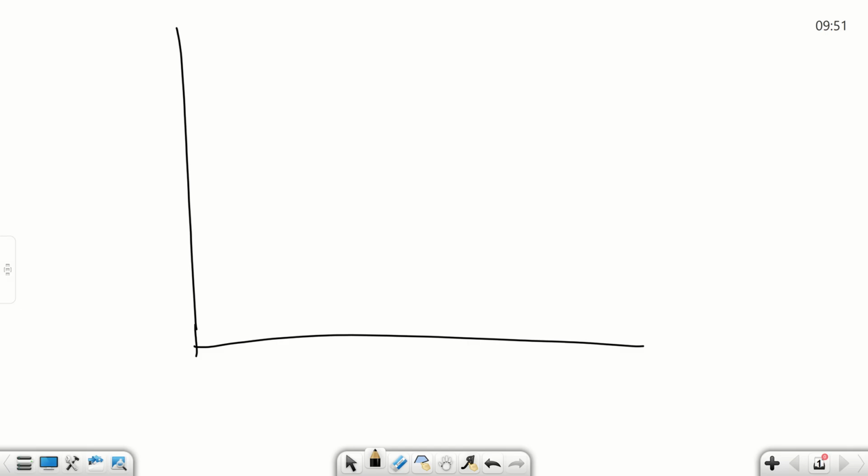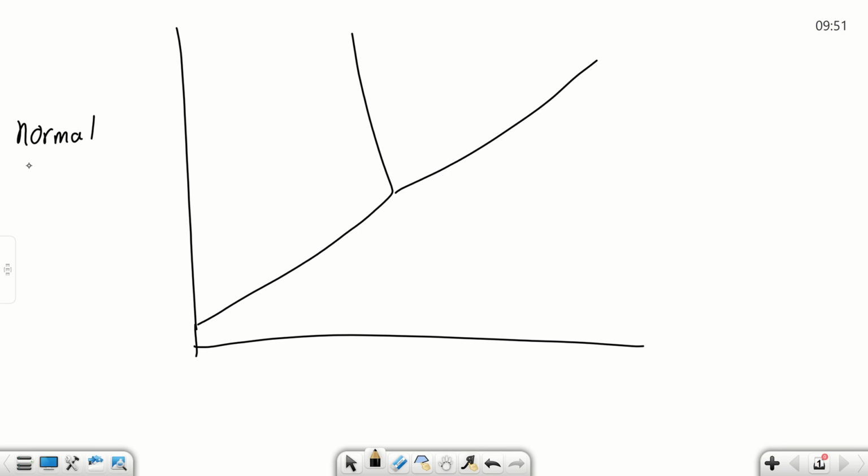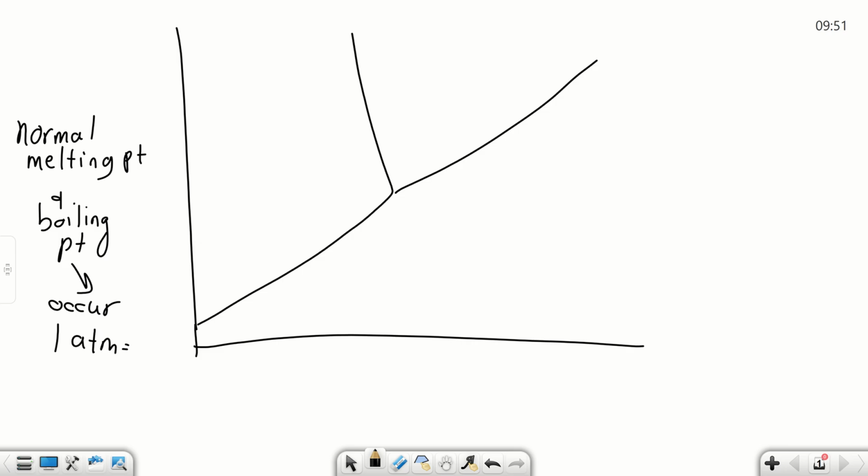The only other thing to point out that you do have some questions sometimes on your papers is they might ask, what is the normal melting point and normal boiling point? We call it normal. The normal melting point and boiling point occur at 1 atm pressure.